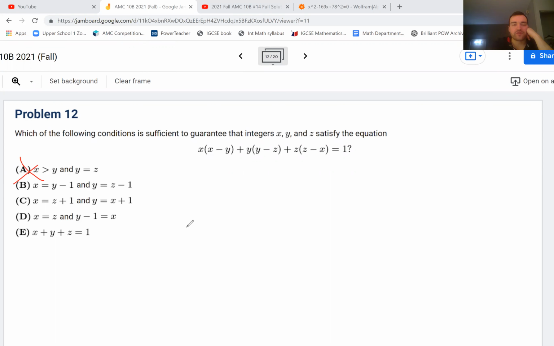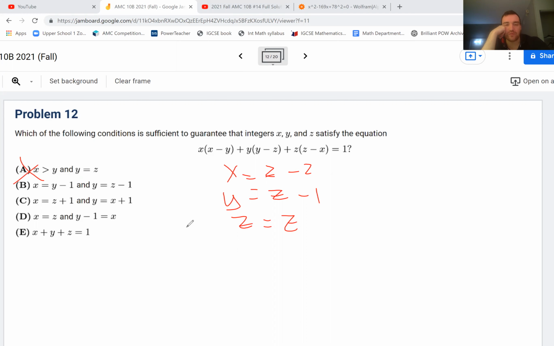If y is z minus 1, and x is y minus 1, then x must be z minus 2, and z is just z. And now if we substitute these values in, is it going to result in 1? The answer is no. If you substitute these into the equation, you will not get 1 as your result.